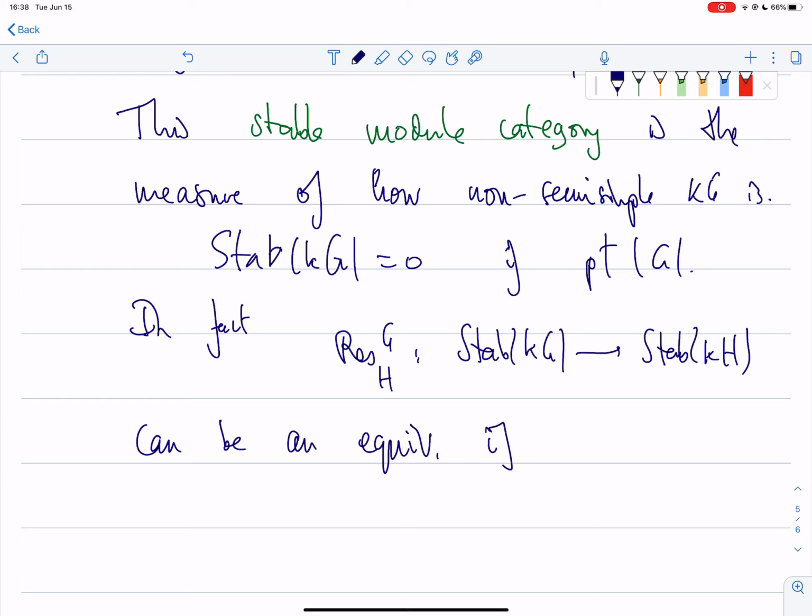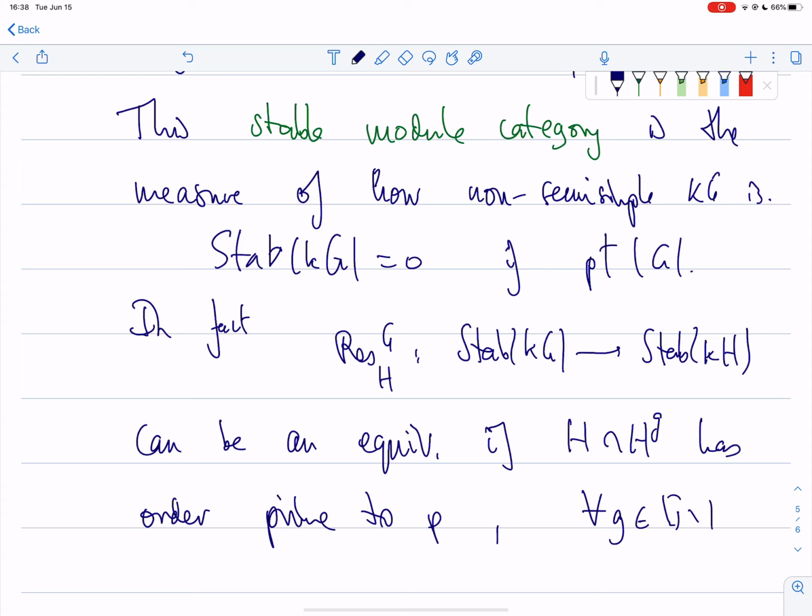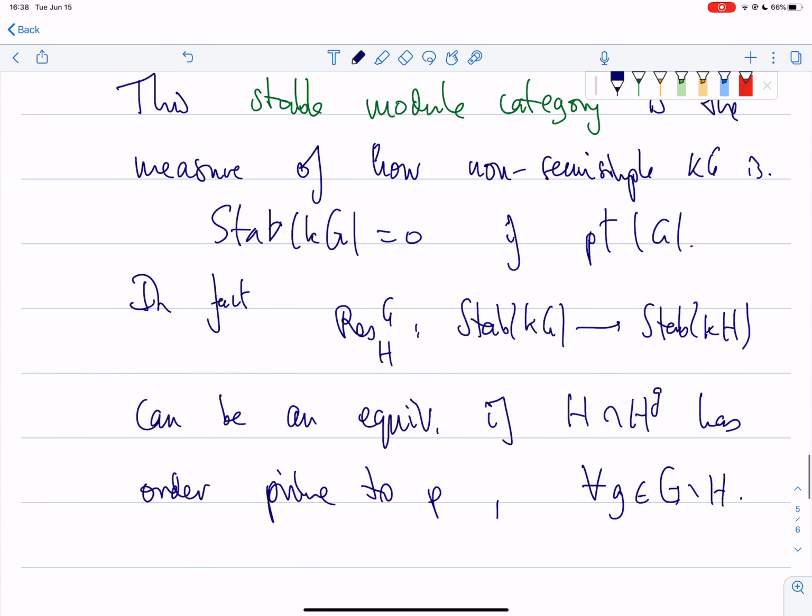For instance, in the so-called strongly p-embedded situation, when you intersect H with a conjugate, this has order prime to p, except of course when g is in H, so for g not in H. If that happens, this is an equivalence, and it really is not so bad, because it is a situation where, in some sense, the modular representation theory of G and H are the same. That's what this is supposed to tell you.